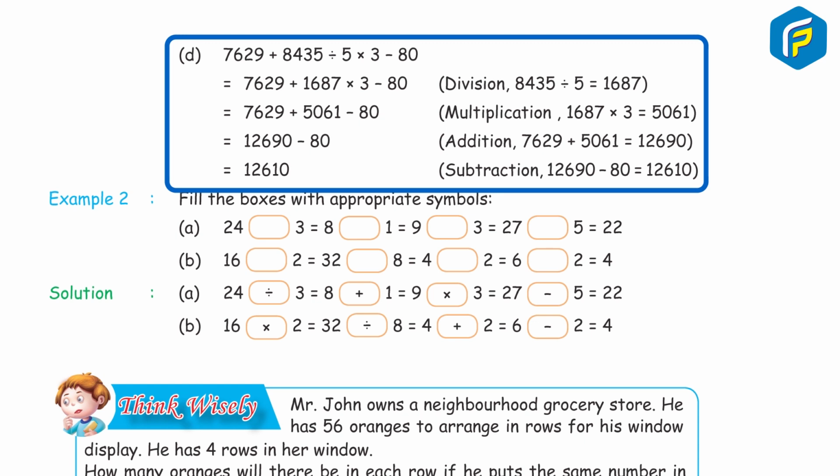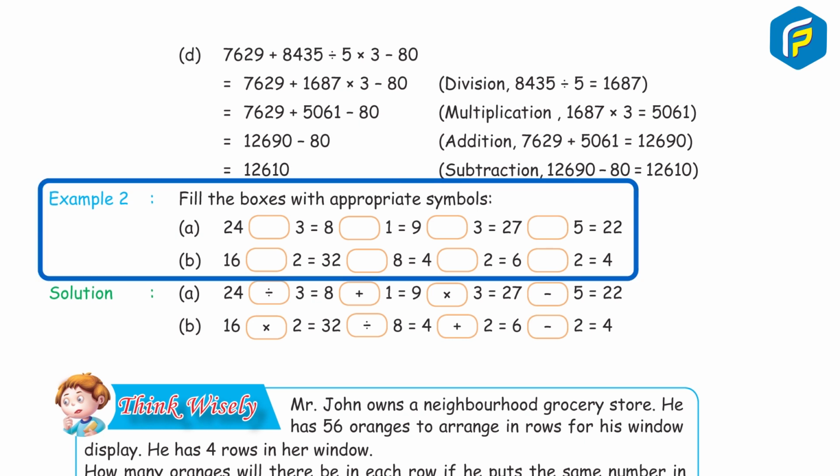Multiplication: 1687 into 3 is equal to 5061. 12690 minus 80. Addition: 7629 plus 5061 is equal to 12690. 12610. Subtraction: 12690 minus 80 is equal to 12610.